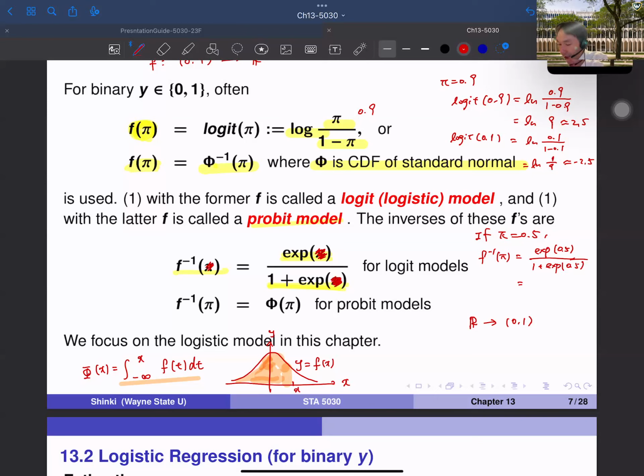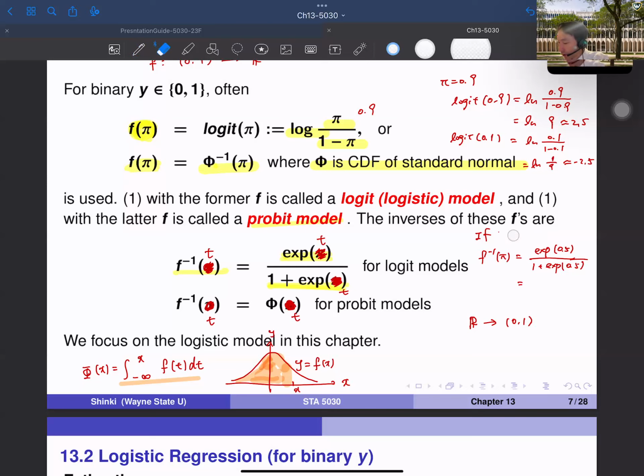So maybe we should put a different letter, anything is fine. Maybe just t. So we put the fitted value t, then we can transform this t to a probability.